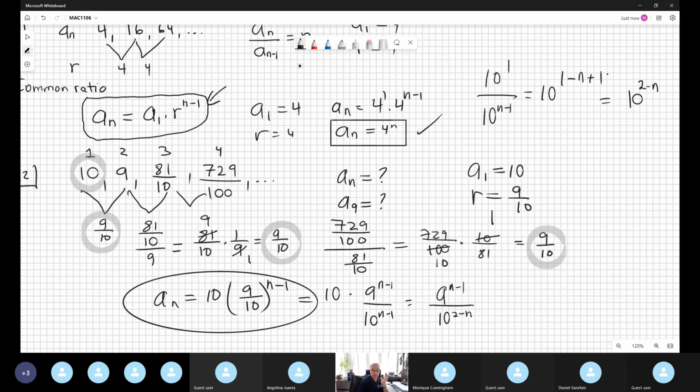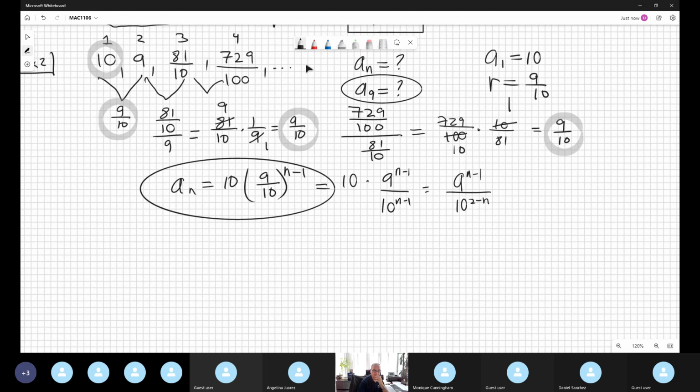Suppose I want to find position 9. That's easy: when you have the general explicit formula, you plug in 9. So a sub 9 is 10 times 9 over 10 raised to the exponent 9 minus 1, which is 8.